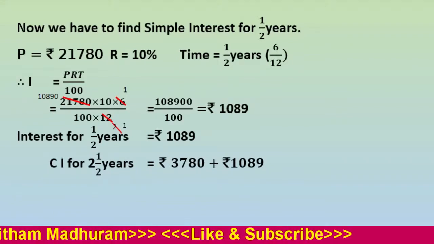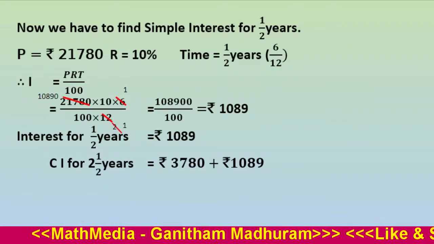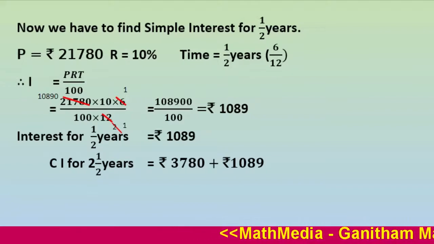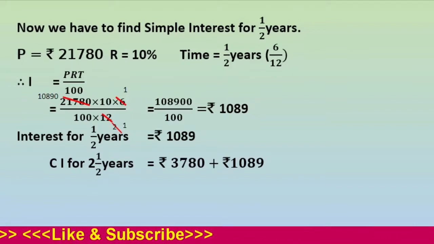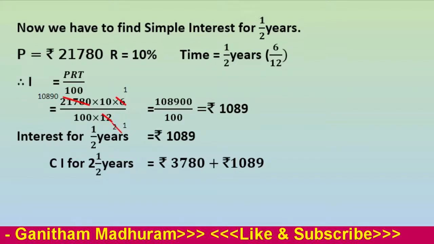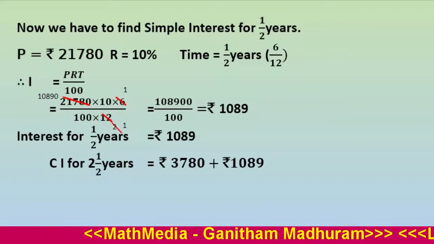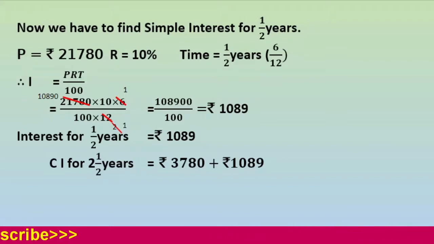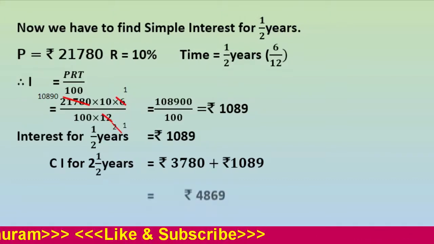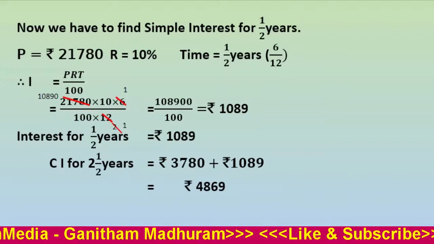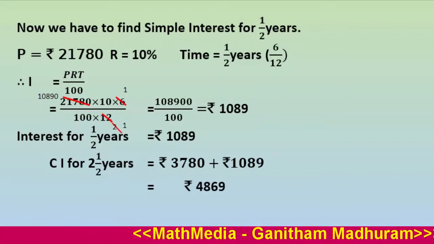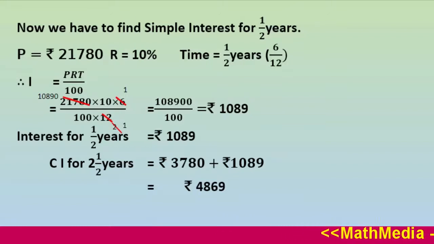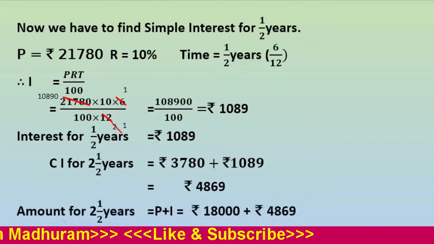So our first part of the question, compound interest for 2.5 years. So for 2 years compound interest we already found there, that is 3,780 plus the interest for 6 months, that is 1089. You can add it, we get the compound interest is rupees 4,869. Now we have to find the amount.